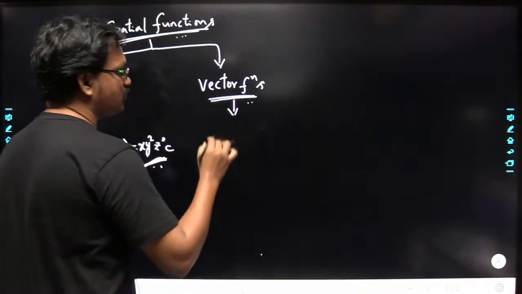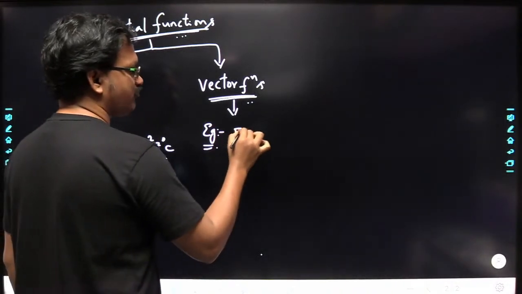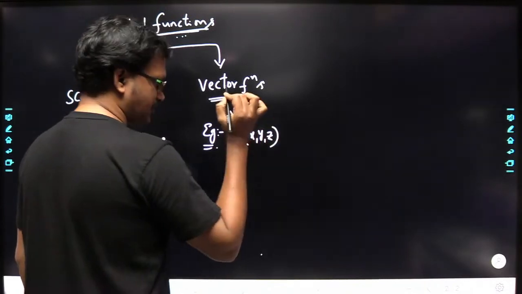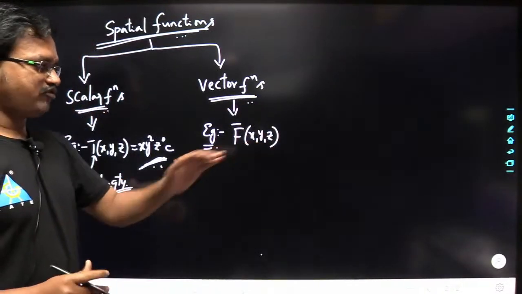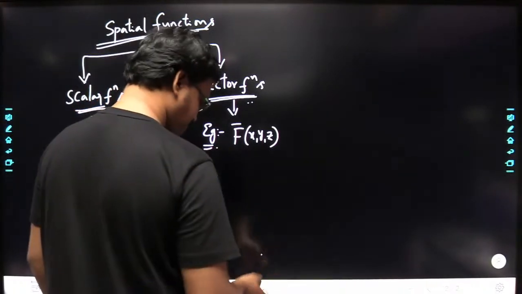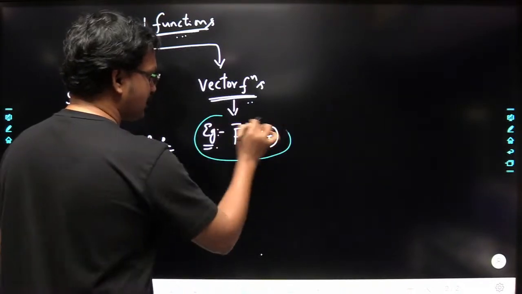See, for example, I can represent some function f bar of x comma y comma z. Let us say this is some vector function. So I will give one example here.